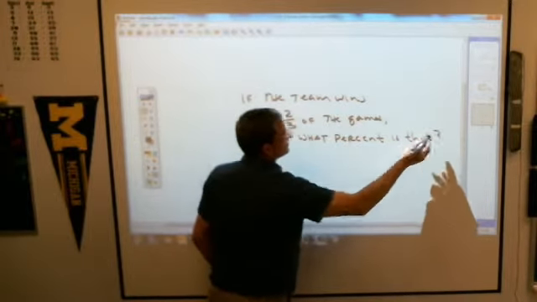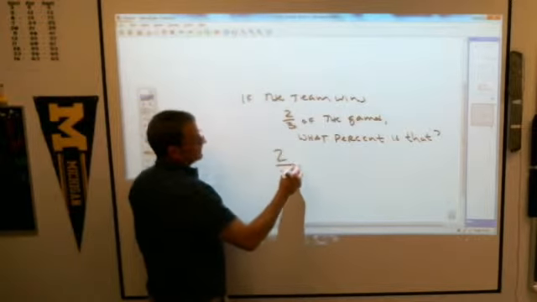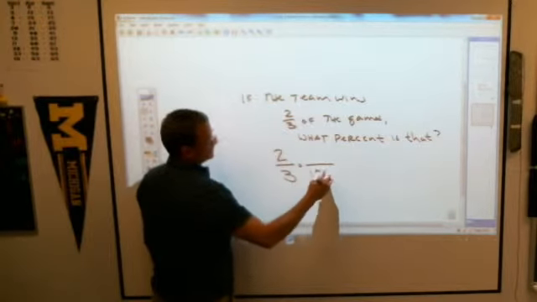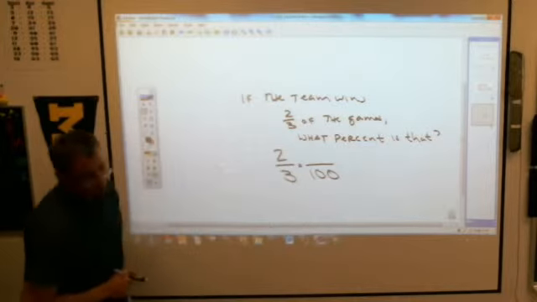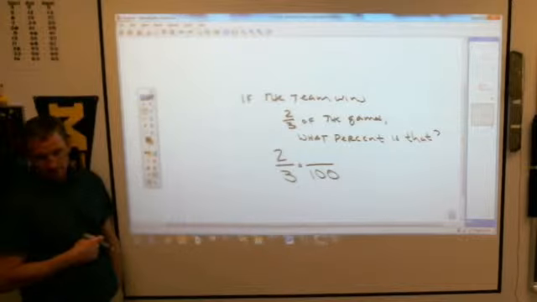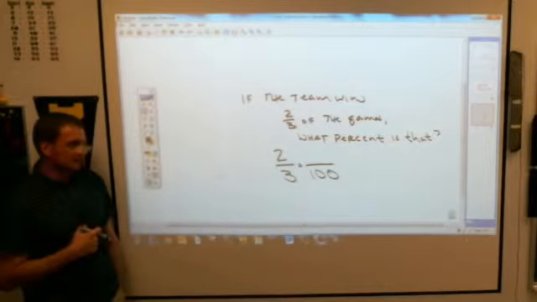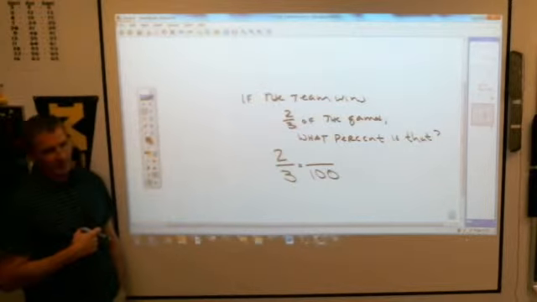Now here's our trouble, children. Here's where we tend to panic. I need to change 2/3 so that it has 100 on the bottom. Well, 3 times what is 100? 33 1/3. So then the top you'd have to multiply by 33 1/3.